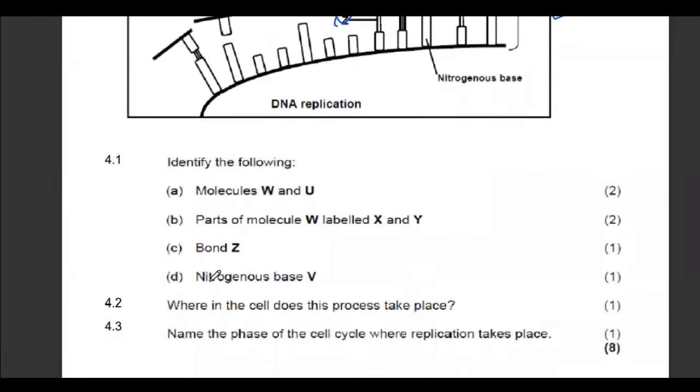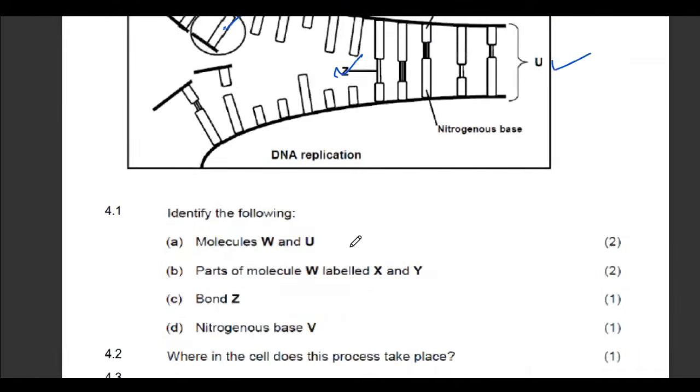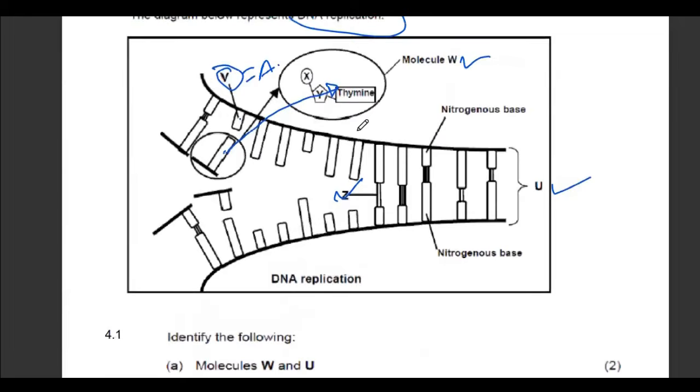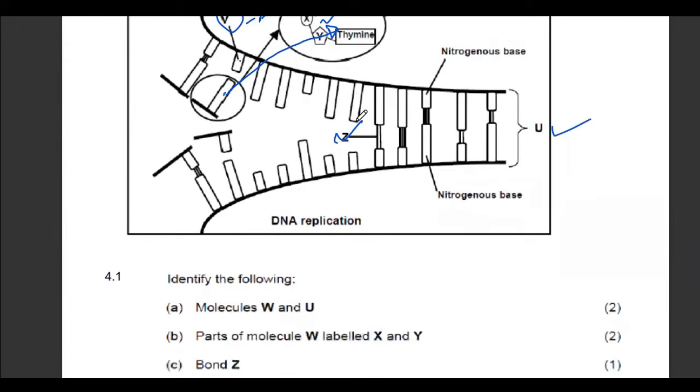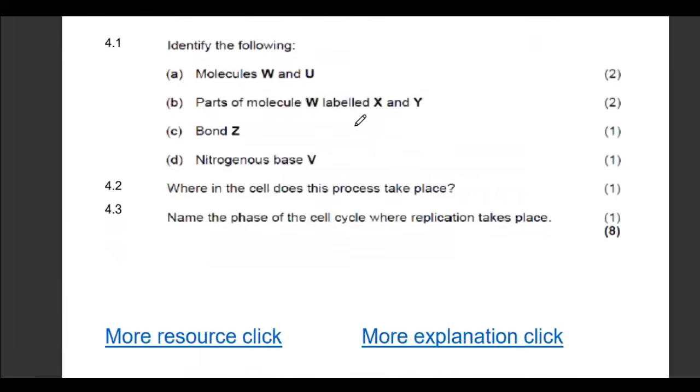And then they are saying, name the parts of molecule W: W, X and Y. X is the phosphate group, correct, and then Y is the deoxyribose sugar. Why don't I say sugar? You have to be specific because this is DNA. So it is deoxyribose sugar.